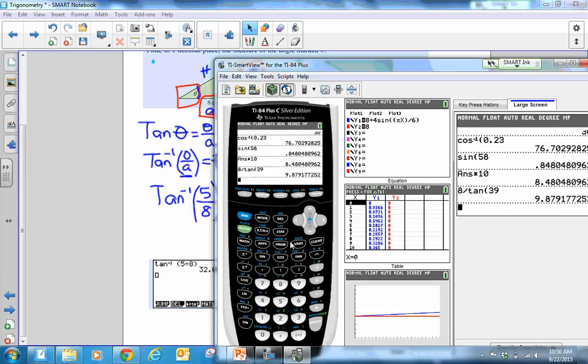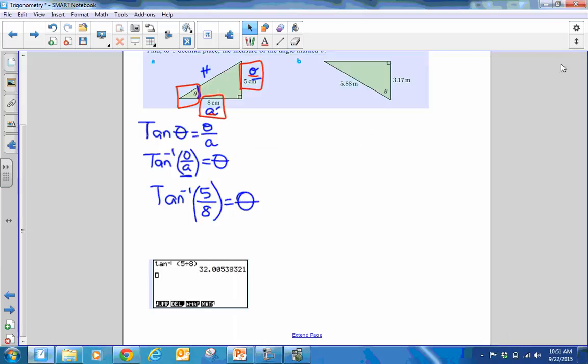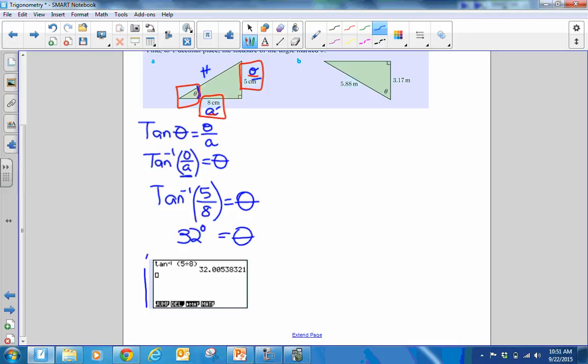Okay, so I think now it works. So you do blue, tangent, and then we do 5 divided by 8 equals 32, and that's the angle. So the angle will be 32 degrees. I'll put a screenshot of my calculator for you to be able to do that.